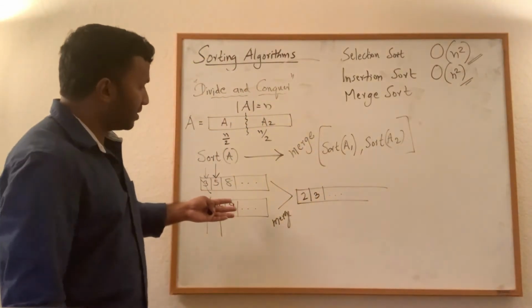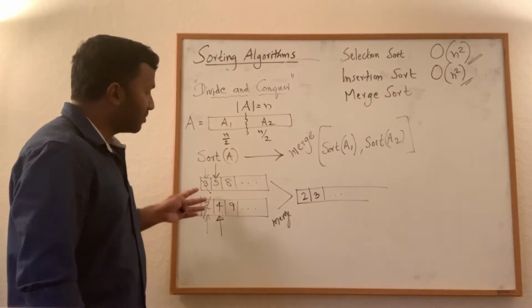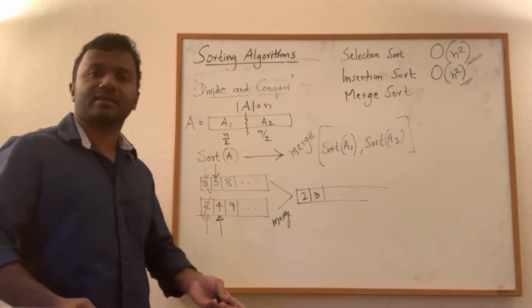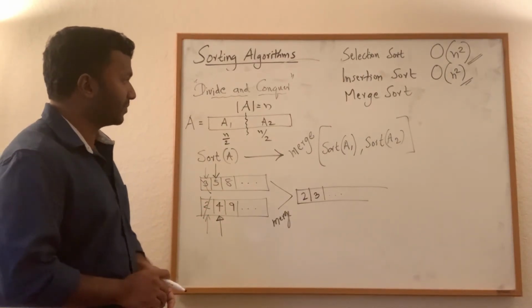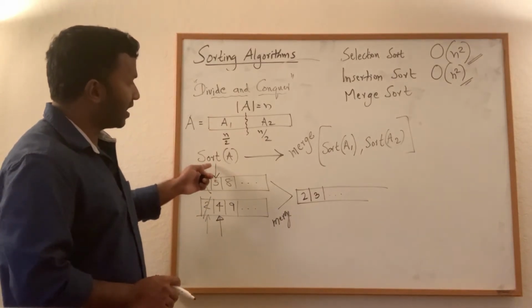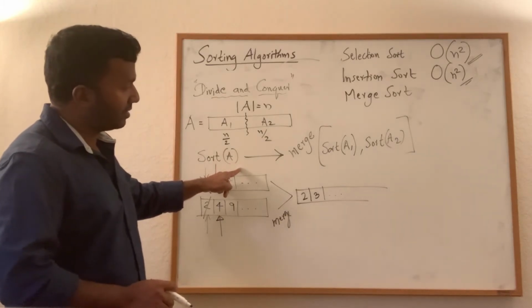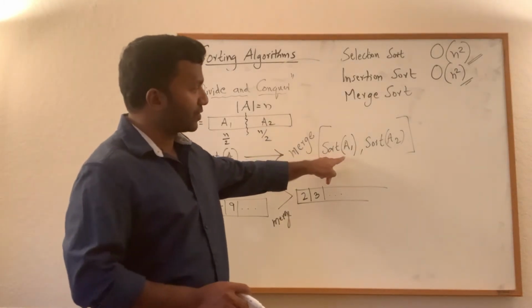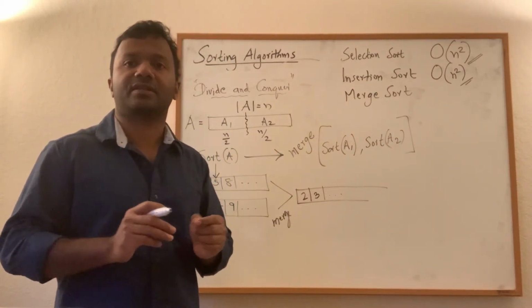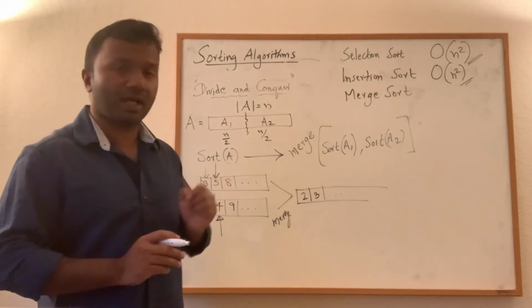So this merging can be easily done in time proportional to the size of these arrays, that is in linear time. Okay, so therefore the time for sorting array A is equal to the time for sorting A1 plus the time for sorting A2 plus the time for merging the output.